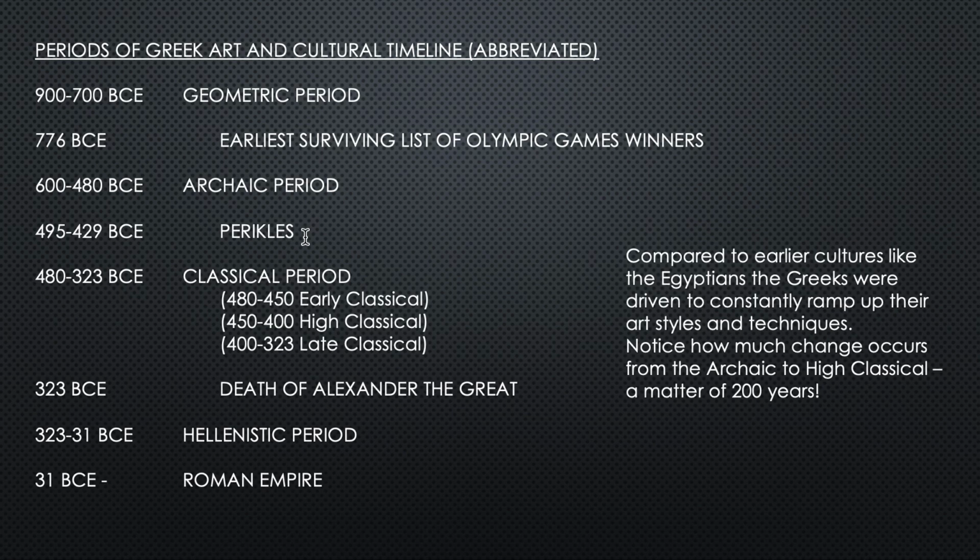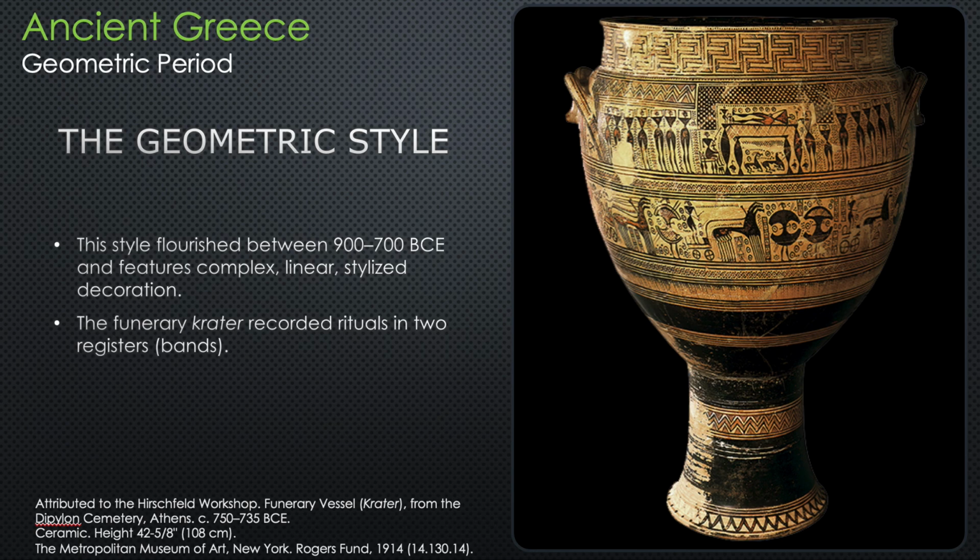Pericles was a ruler of Greece, of Athens, so I'll mention him a little bit later. We're going to move through these styles and periods. I will tell you what you will need to get for the quiz. This first period is the geometric, and you will need to identify this vase as coming from the geometric period.